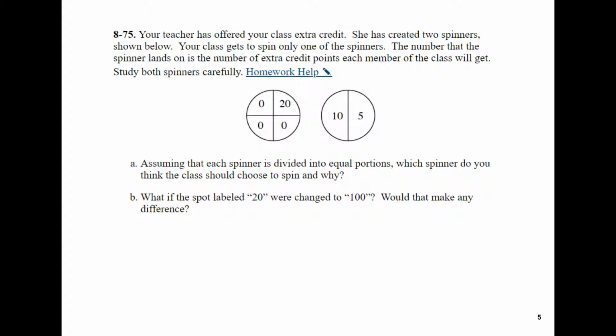So looking at the spinner on the left, we earn 20 points of extra credit only 1/4 of the time. Looking at the spinner on the right, we would earn 10 points of extra credit half the time, and we would earn 5 points of extra credit half of the time.